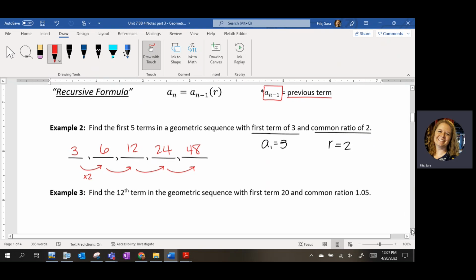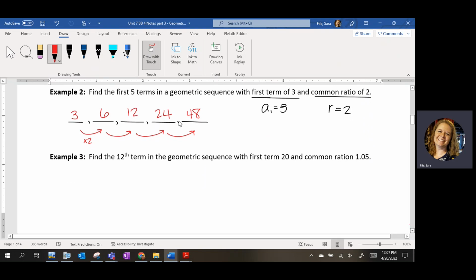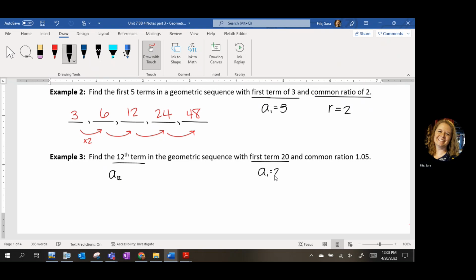Now sometimes, like in example 3, you're asked for a higher term number. Like this is asking for the 12th term. That's a sub 12. They do give you the first term still, and the ratio.